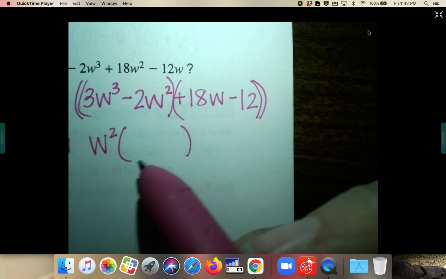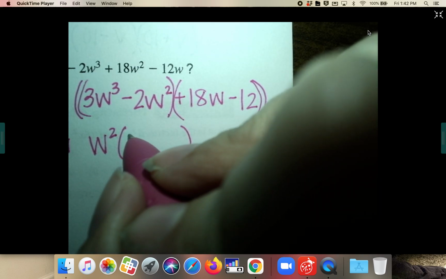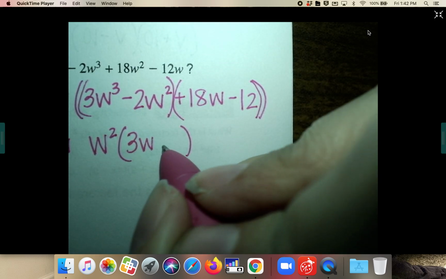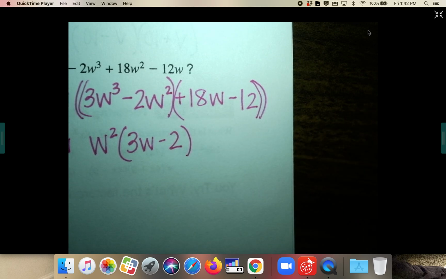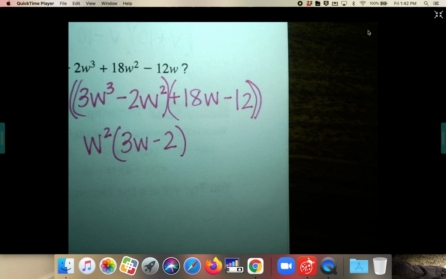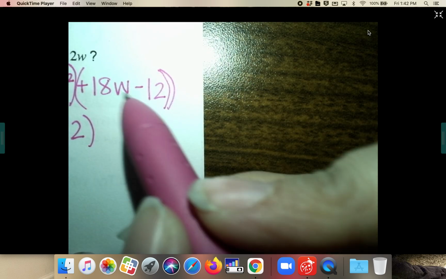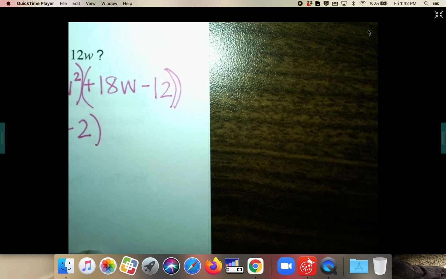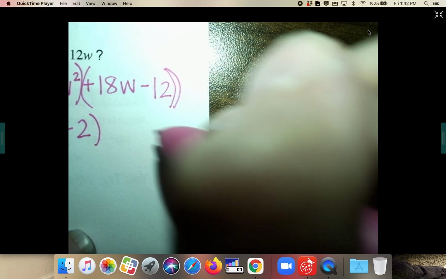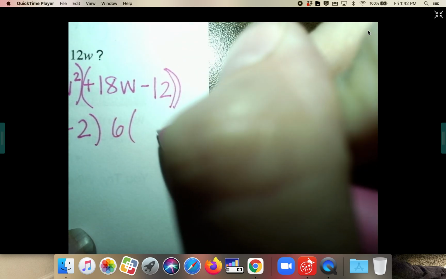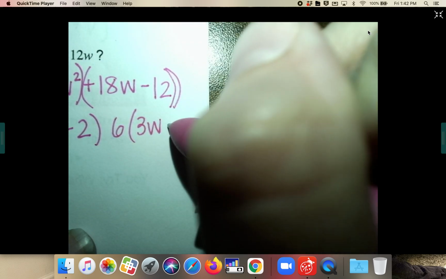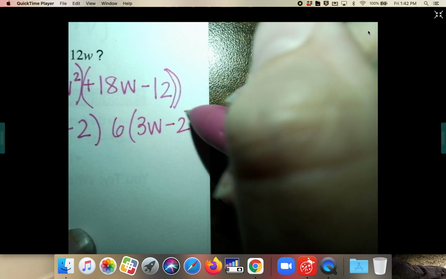That is going to leave on the inside 3W and minus 2. Let's look at just the other set. Out of 18W and minus 12, I can pull out a 6. They can both be divided by 6. 6 would leave 3W minus 2.